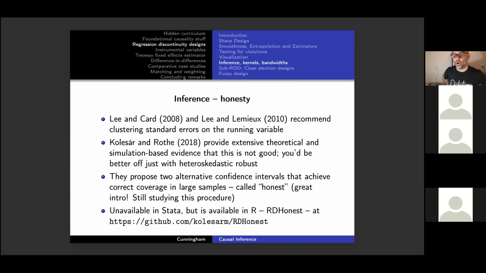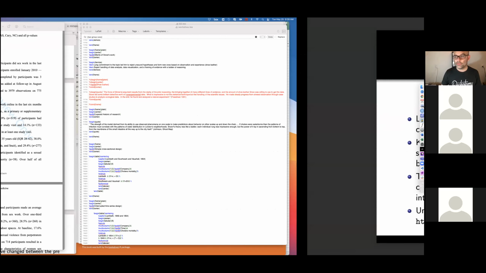But Kolesár and Rothe provide theoretical and simulation-based evidence that this is not good practice. You'd be better off with just heteroskedasticity-robust standard errors. So they proposed two alternative confidence intervals that achieve correct coverage in large samples. They call these honest. I really encourage you to read the paper. I believe, let's look here.